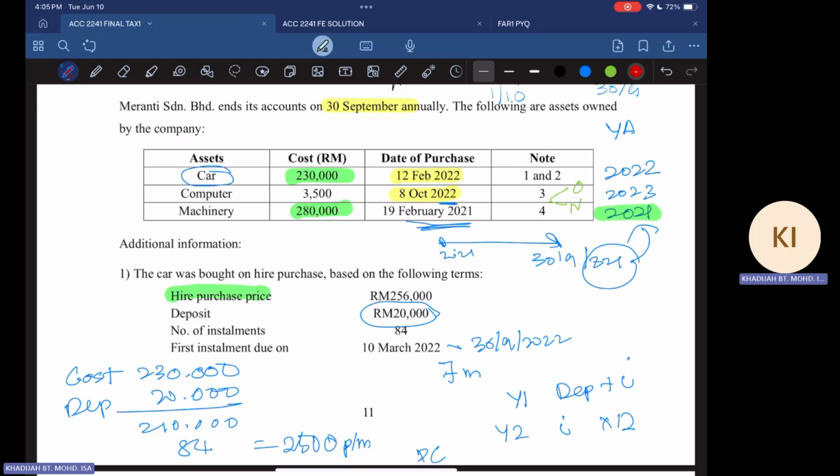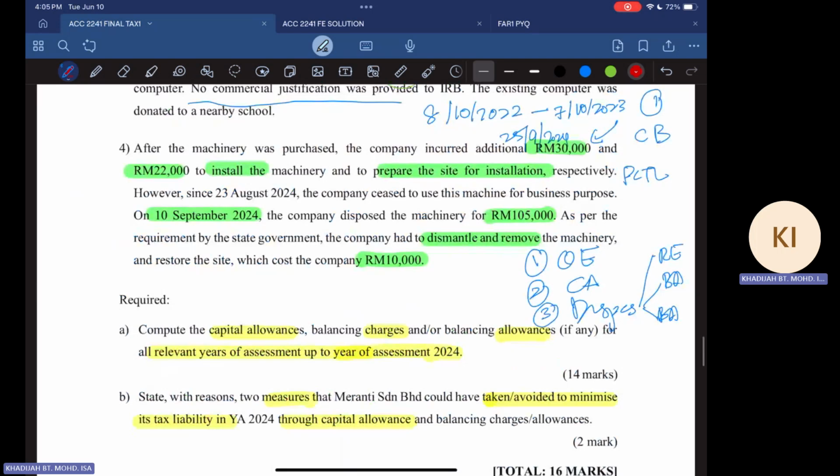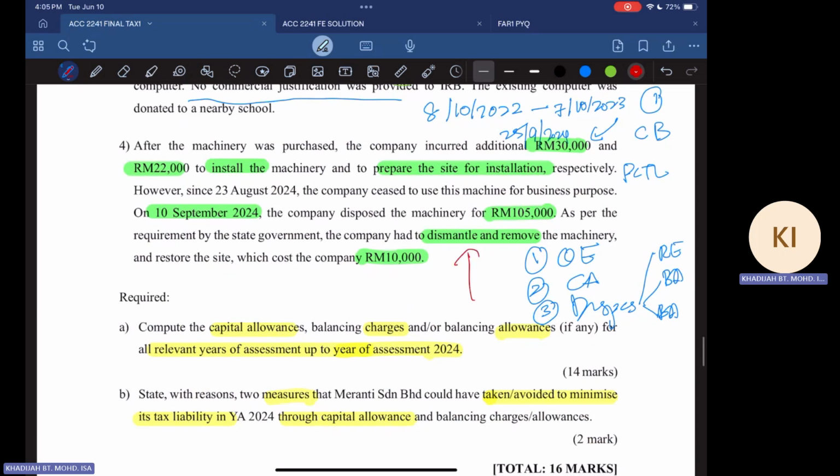On the machine, it tests you on the cost, installation, and PCTL. And also there's a disposal where, whenever there's a disposal, always compute your RE and then check whether there's a balancing charge or balancing allowance. And in this case, you have additional dismantling costs.